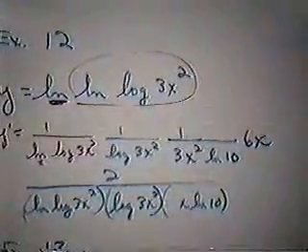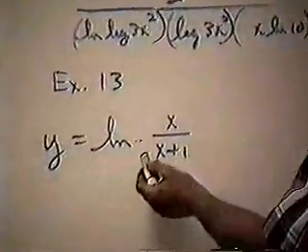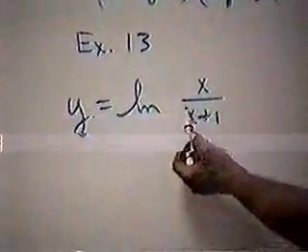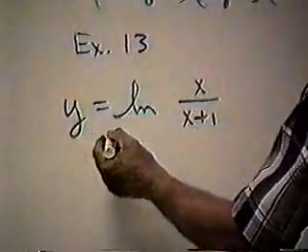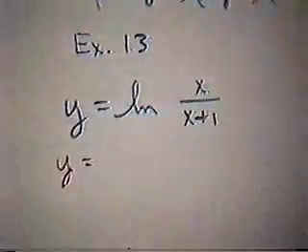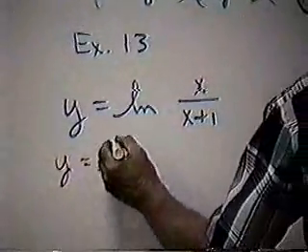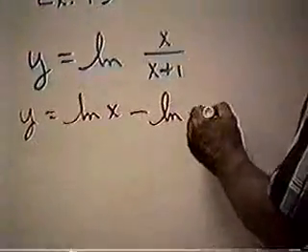All right, let's look at the next example. Example 13 says the log of division. Log of division, which says, I'm not going to take the derivative yet. I'm going to say y is equal to the log of x minus the log of x plus 1.